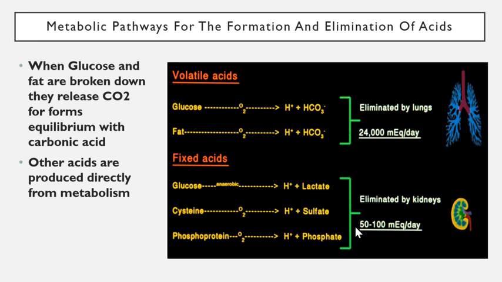So what happens is that whenever glucose is broken down, and y'all know this through glycolysis and the citric acid cycle, or tricarboxylic acid cycle, as the Gen Zers like to call it, as you metabolize glucose or any of your metabolites, it'll eventually result in release of carbon dioxide.